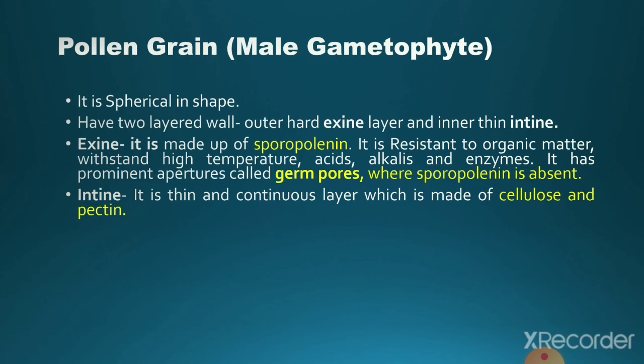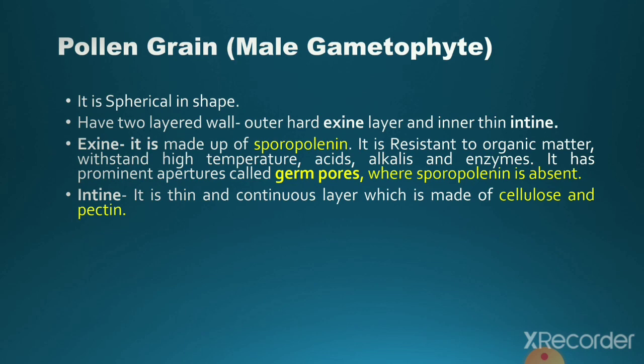Now, the pollen grain, or the male gametophyte. The pollen grain represents the male gametophyte in angiospermic plants. It is a spherical structure with a two-layered wall. The outer layer is called the exine, and the inner layer is called the intine. The outer layer, the exine, is comparatively hard and is made up of sporopollenin.